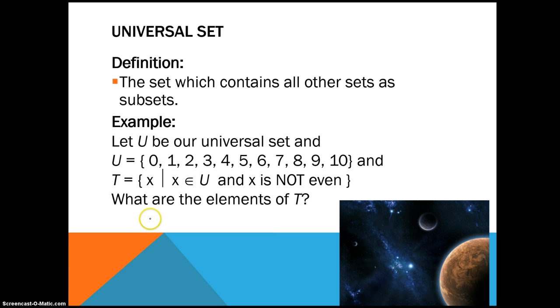Well, the set T would be made up of the following numbers: 1, 3, 5, 7, and 9. These would be the elements of T listed in roster notation. Up above, that is actually set builder notation.